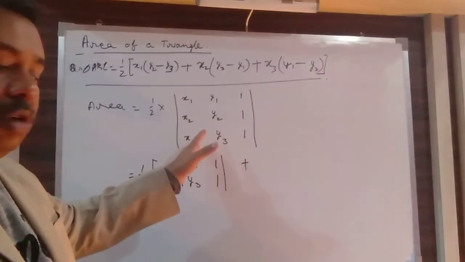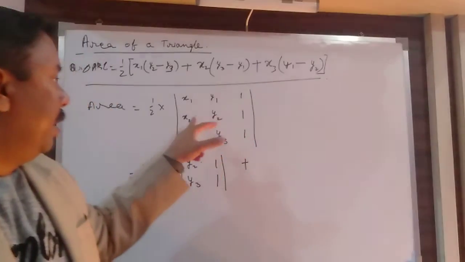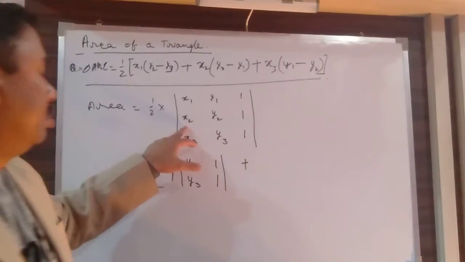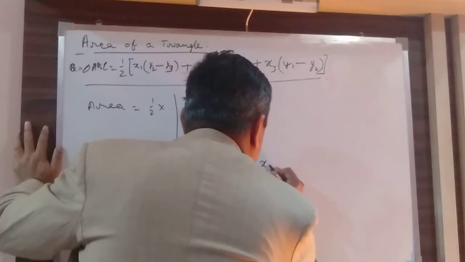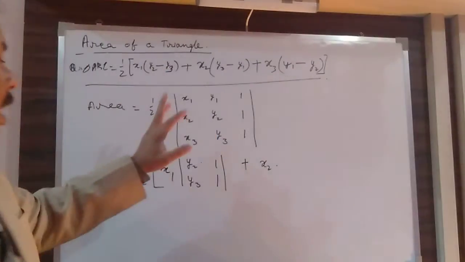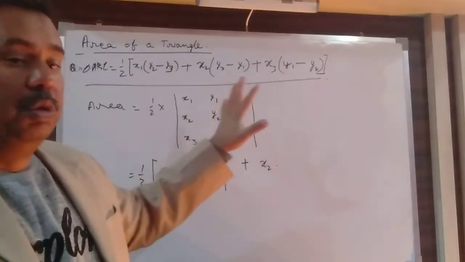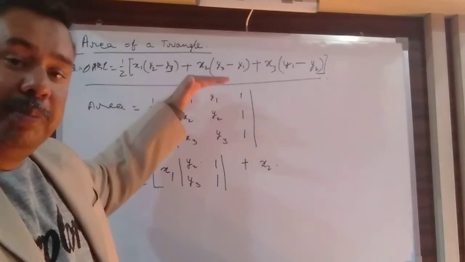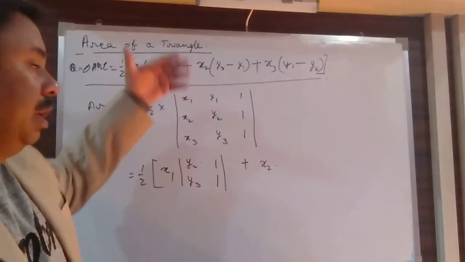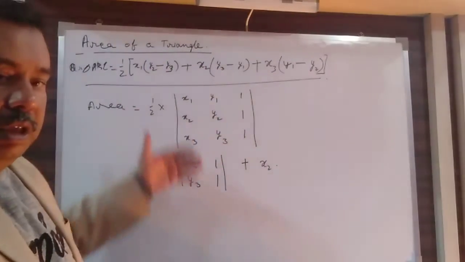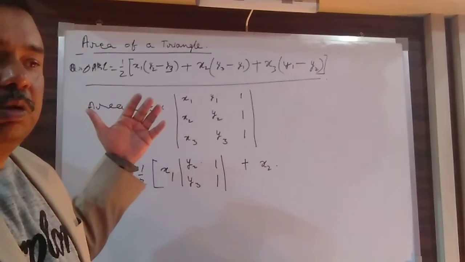Okay, plus, go on the column. The next number is x2. Again I have to move from up to down, and then if necessary repeat the circulation.